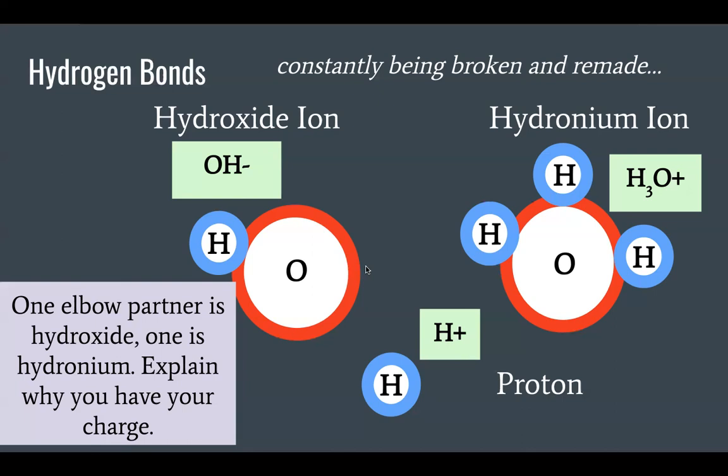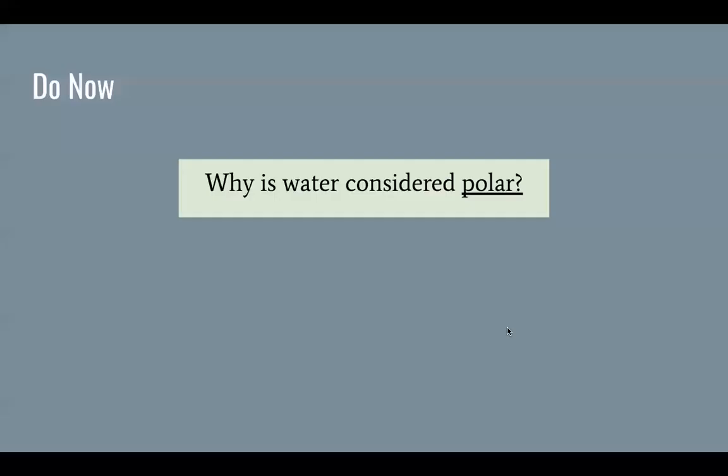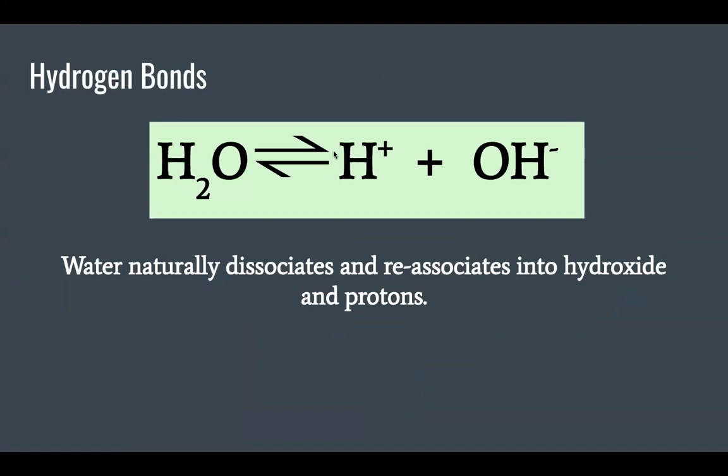So in class, or you can do this right now, I encourage you to pause the video and try to explain why a hydroxide ion is negatively charged versus a hydronium ion being positively charged. Think about that question, and then we are going to use that to talk about hydrogen bonds when we come back together, because this equation essentially summarizes the polarity and the breaking of water into two separate structures.